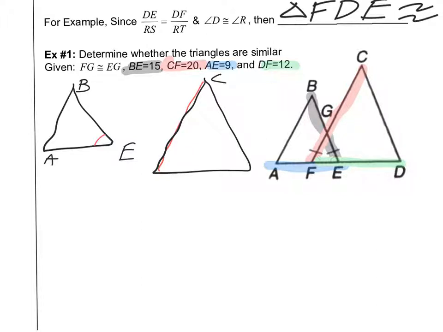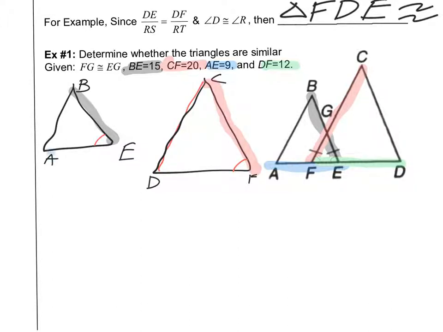So the C is still on top, but now the F is over here and the D is over here. And remember that E and F are the same. So now you can see I have these two triangles drawn and the orientation matches. Well, now it's going to be a lot easier to match up all the parts. So remember, here is BE, and now CF is over here.